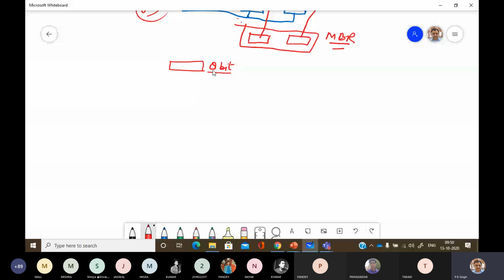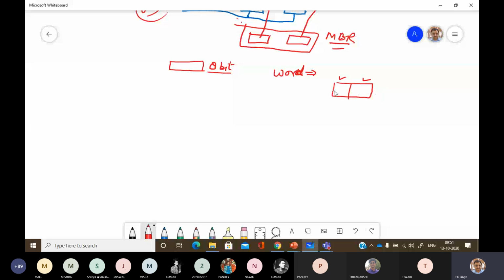Now suppose you have to read or write a word. In that case, that word will have two addresses: the address for the least significant byte and the address for the most significant byte in the 2-byte word.